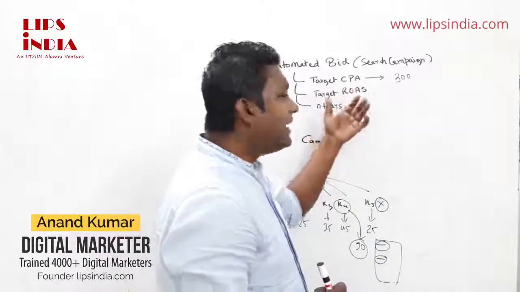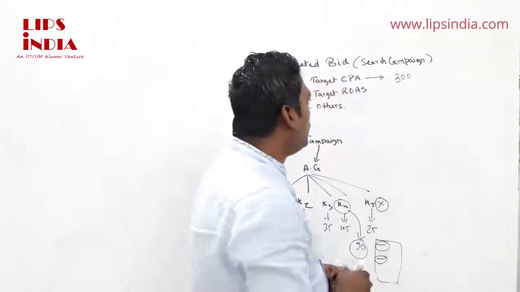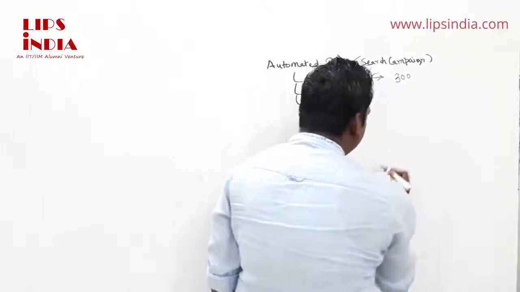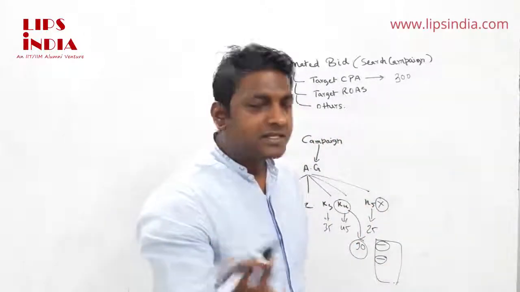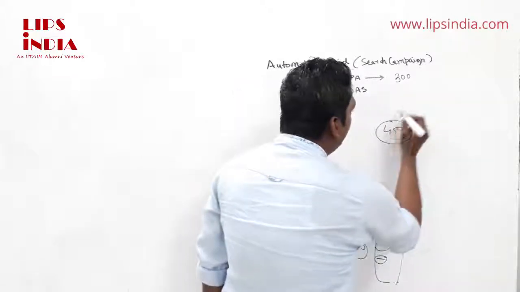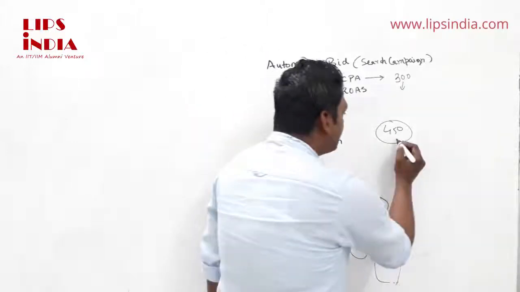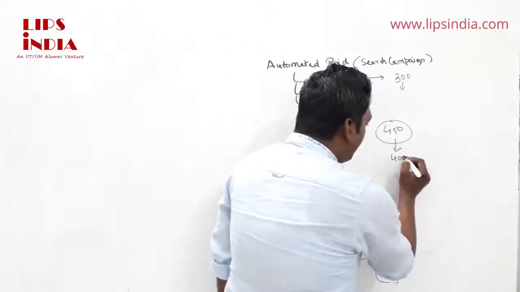However, when you're looking at a target CPA bid, and let's say the Google algorithm works better for you in terms of lowering this CPA cost. So let's say while you were manually bidding yourself, your cost per acquisition was something like 450 rupees, and you set a target of 300 rupees for Google, Google might be able to get this conversion to you at 400 rupees.